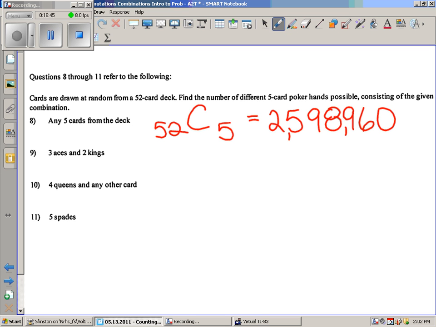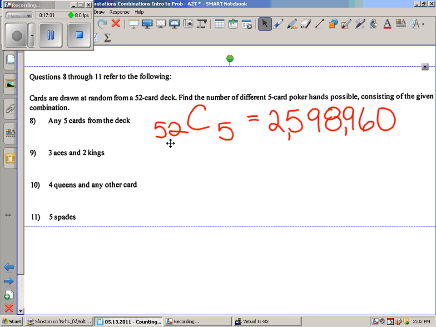And here we go. The compound events. Ready? Suppose now, tell me how many different ways can I pull 3 aces and 2 kings out of a deck? What this says is, from the collection of 52 items, the number of different ways I can have 5 of them in my hand is 2 million, right?